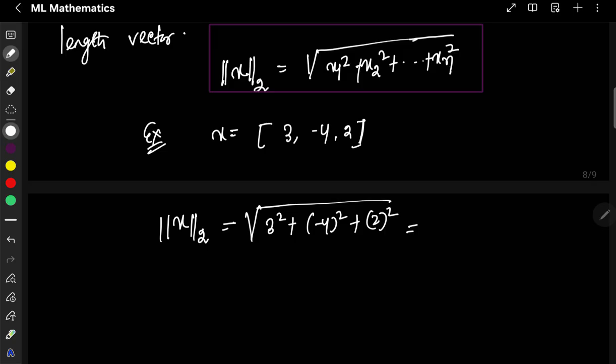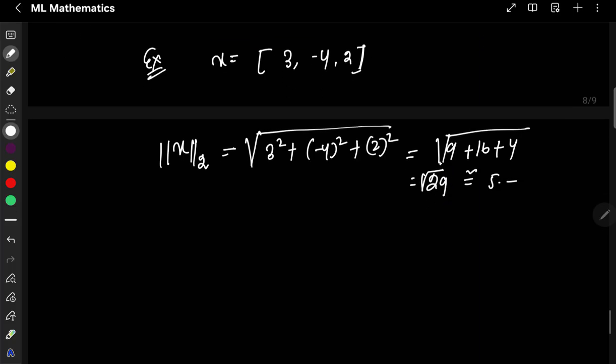Now if you see, it will be 9 plus 16, which is 25, plus 4, which is 29. Square root of 29 will be nearly equal to 5 point something. You can just figure it out in your calculator.